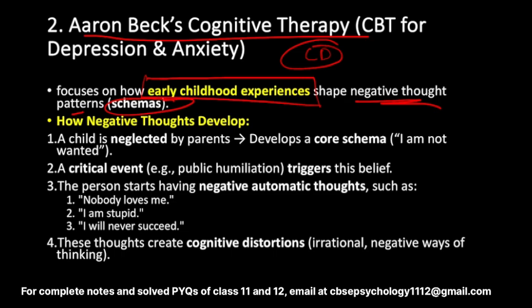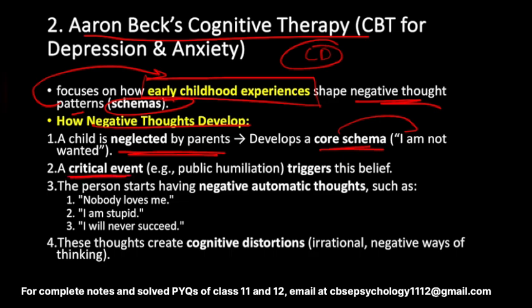So schemas are these negative thought patterns which come out of our early childhood experiences. For example, a child is neglected by the parents, or there were any adverse childhood events. So the child develops a core schema, in this case, that I'm not wanted.